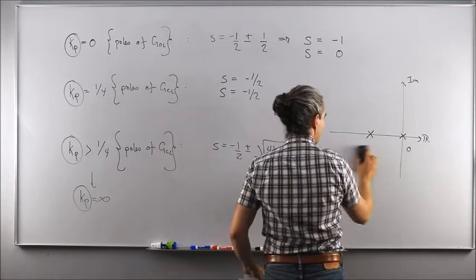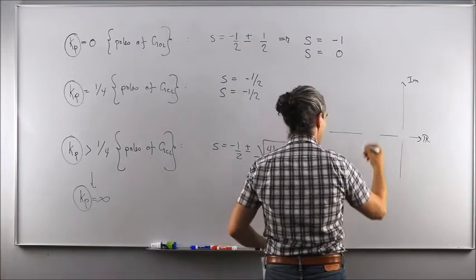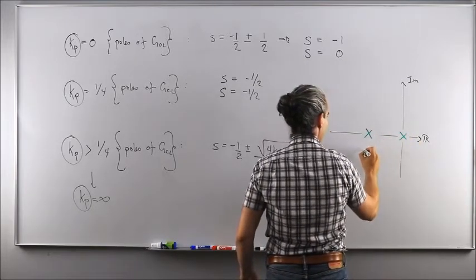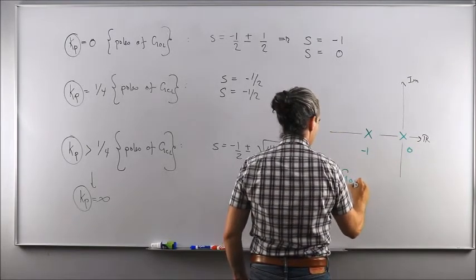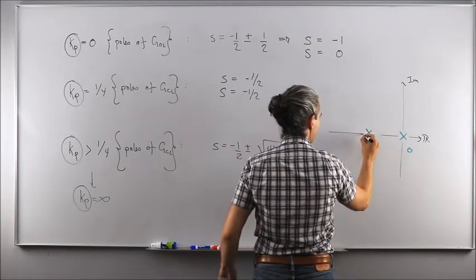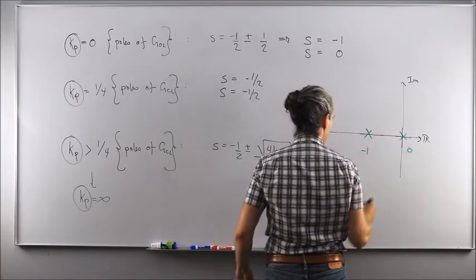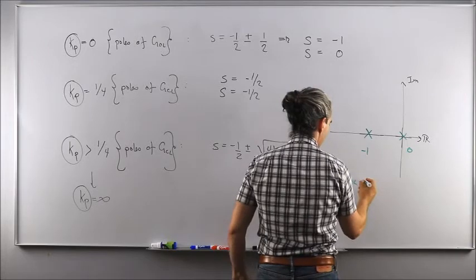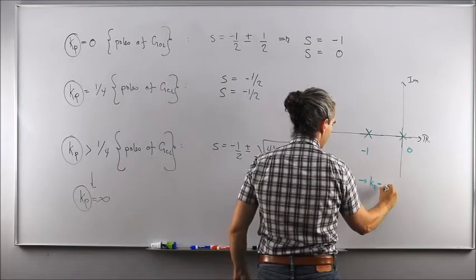Let me draw them in a different color to better highlight the fact that those poles are really for the open loop transfer function, G open loop, implying that you're looking at Kp equal to 0.